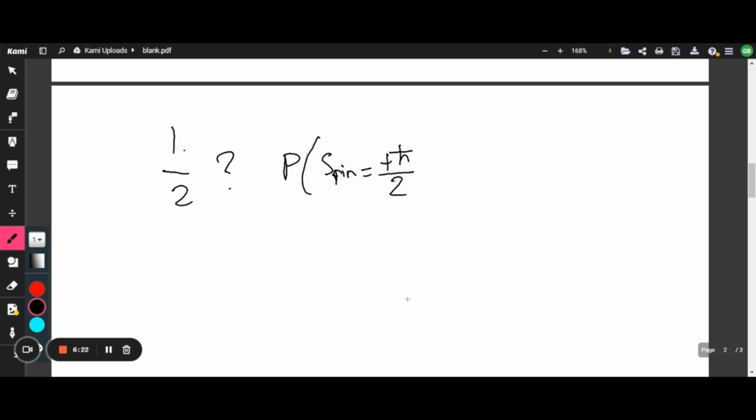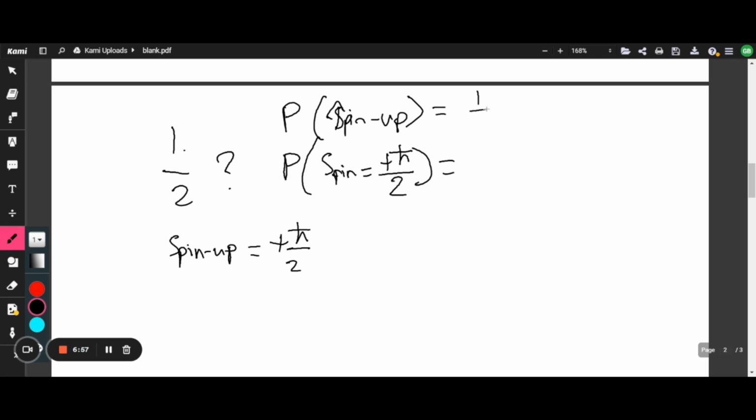In the first spin video, we talked about how spin up for an electron was given as plus h bar over 2, so I'm just going back and using this to represent spin up. The probability of spin being equal to plus h bar over 2, or P of being spin up, is equal to 1/2.